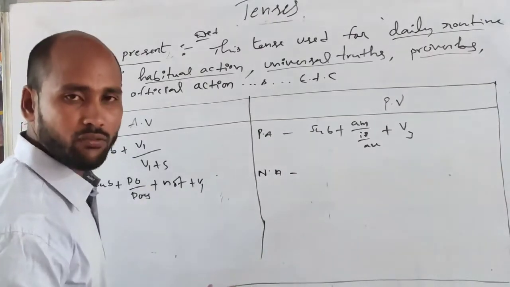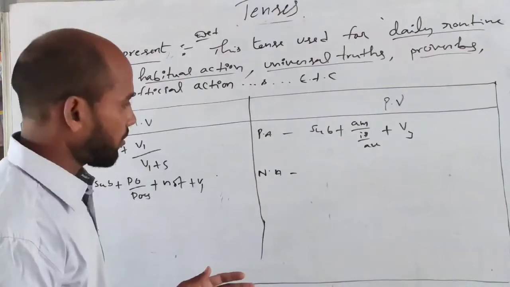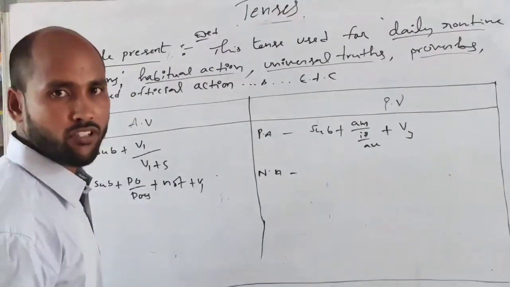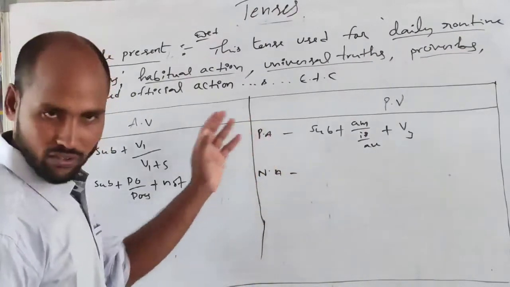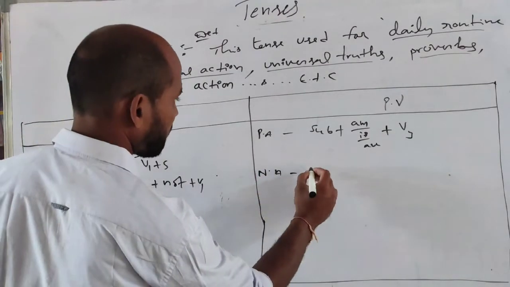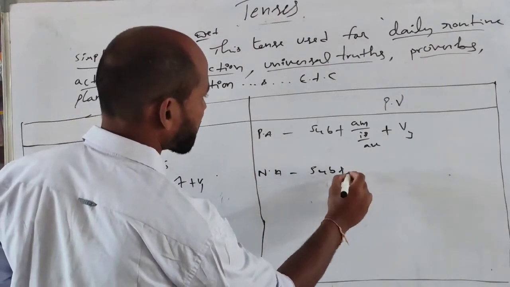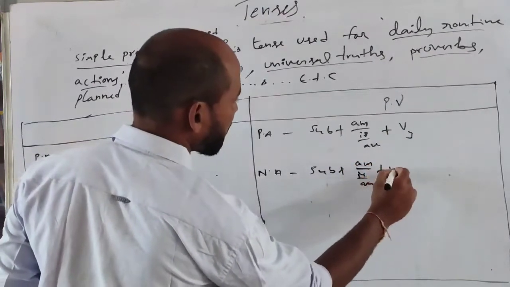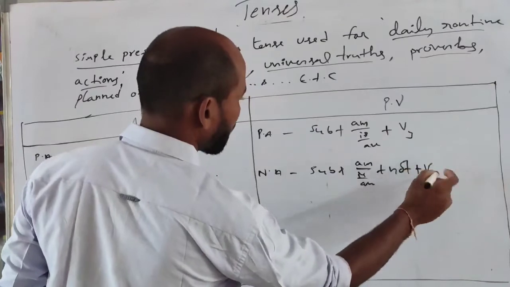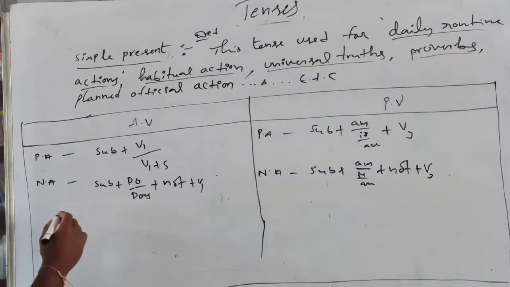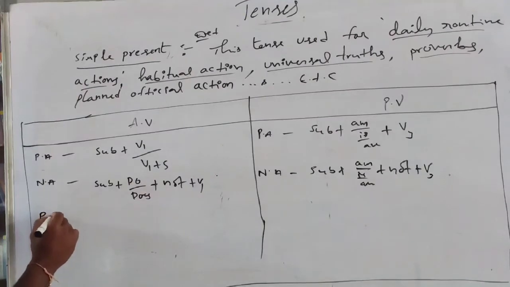I write here only structures. After I write the structures, I will give examples to understand such types of sentences. Subject plus am, is, are plus not plus V3. Positive interrogative.